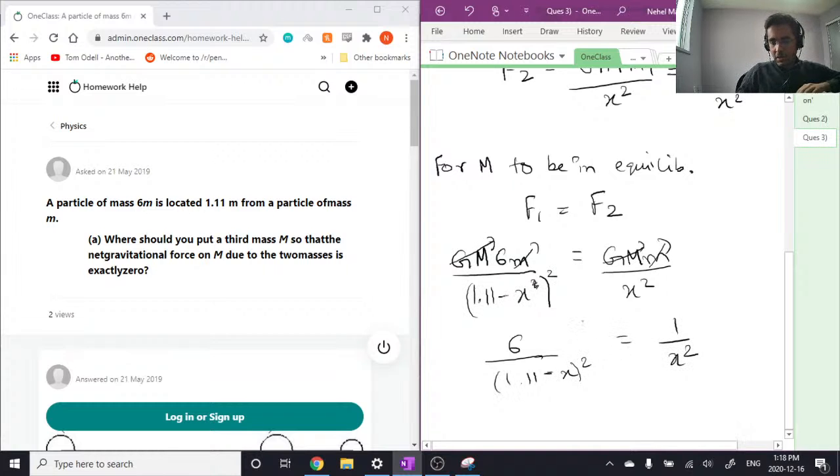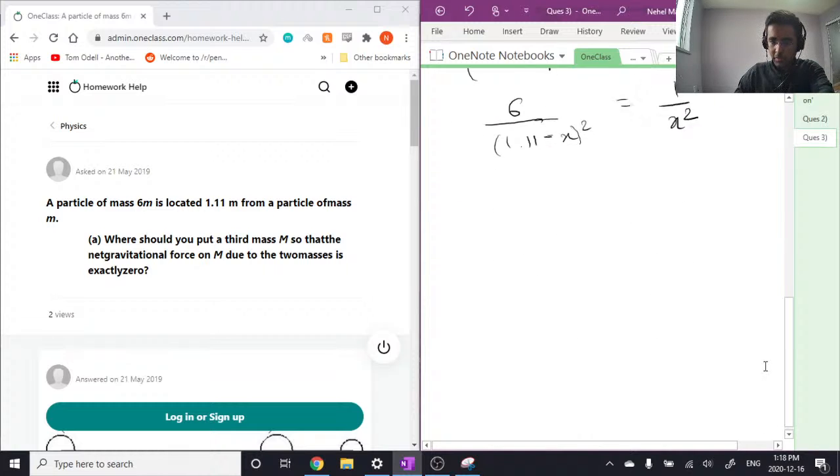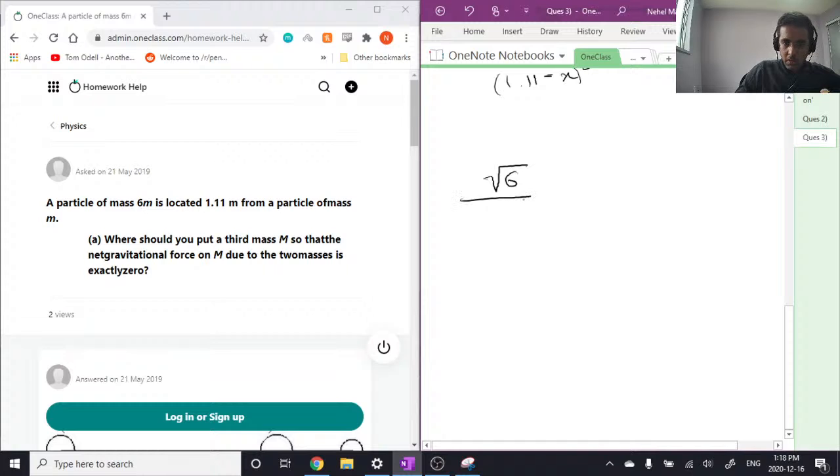If we take the square root of both sides, that will be the quickest way of solving this equation. So taking the square root of both sides, we're left with root 6 over 1.11 minus x is equal to 1 over x.